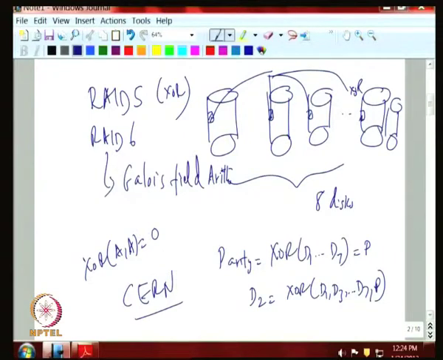For example, you have a RAID 5. If I figured out that this thing failed, so what do you do? You start reading from the other disks. As you are reading, you discover that this thing is unreadable. The disk has not failed, but there is a sector error on this particular thing.